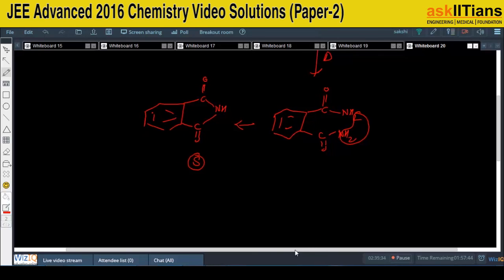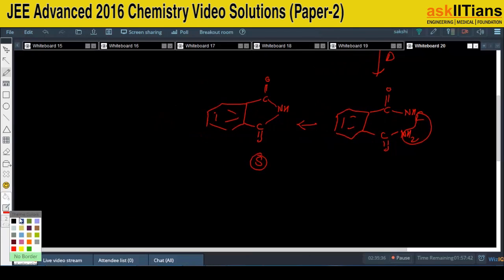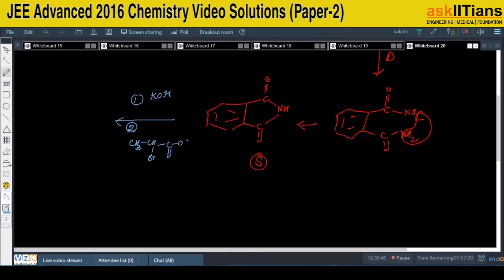Now if I go further with the statement, this compound S, as per the question, is treated with, first of all, KOH, and then this is treated with CH3CHBrCOOEt. You should all remember that going from S to T is nothing but all the steps of the Gabriel phthalimide synthesis reaction.